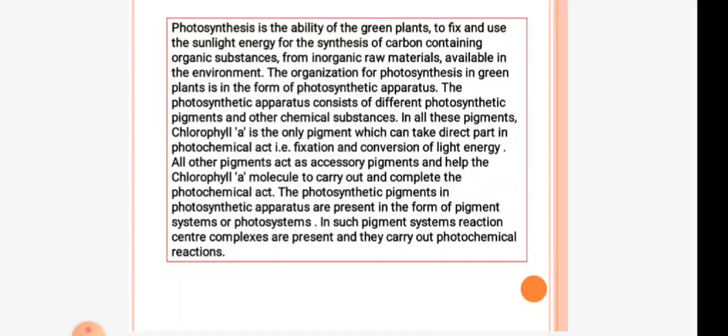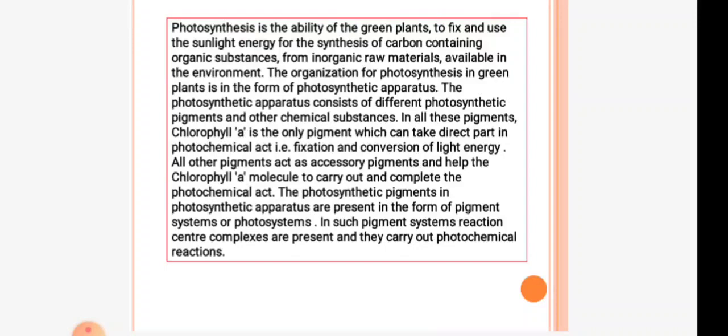The photosynthetic apparatus consists of different photosynthetic pigments and other chemical substances. Of all these pigments, chlorophyll a is the only pigment which can take direct part in the photochemical act, that is, fixation and conservation of light energy.